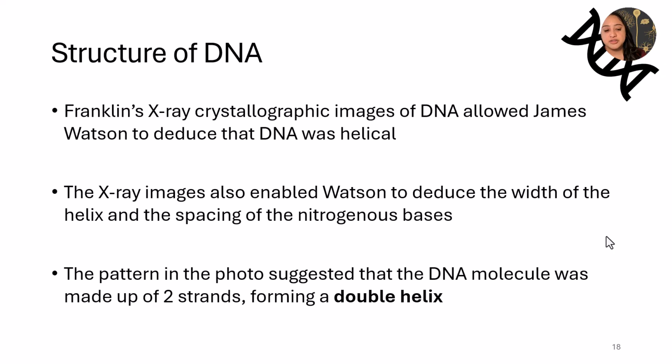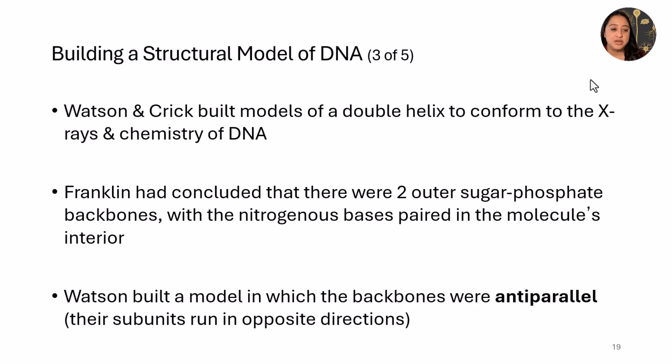So the pattern in the photo suggested that the DNA molecule was made up of 2 strands, actually. So it wasn't just one solid one like in this picture. It's 2 strands that are held together, forming a double helix. So Watson and Crick built models of a double helix to conform to those X-rays and chemistry of DNA.